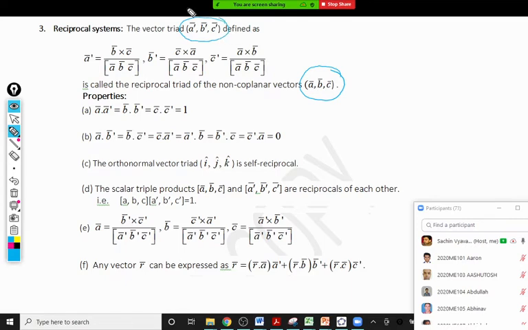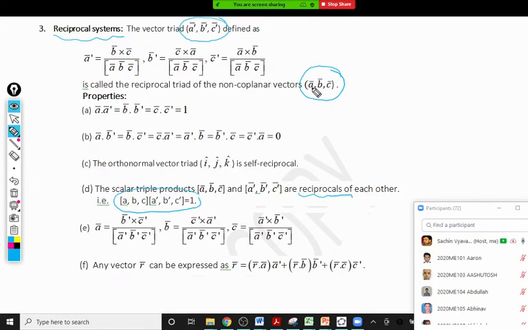Throughout the reciprocal system, questions can be asked without bar notation, because in the reciprocal system everything is considered a vector, nothing is a scalar. So when I say A, B, C and A dash, B dash, C dash, treat them like vectors.